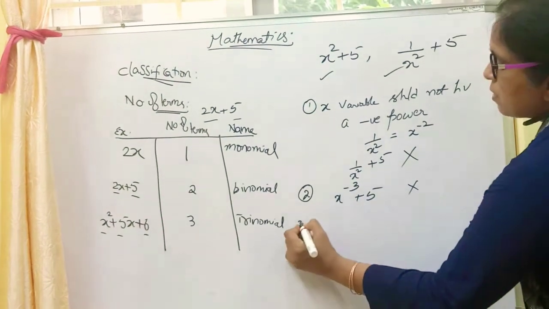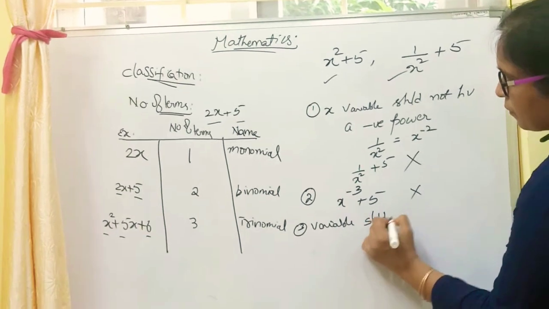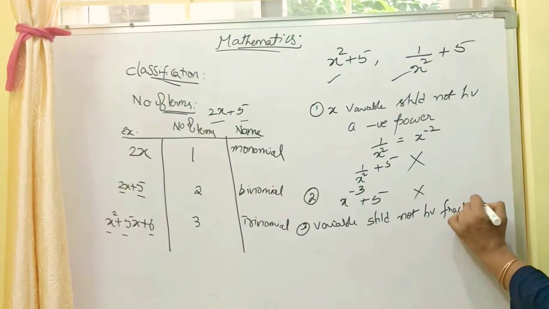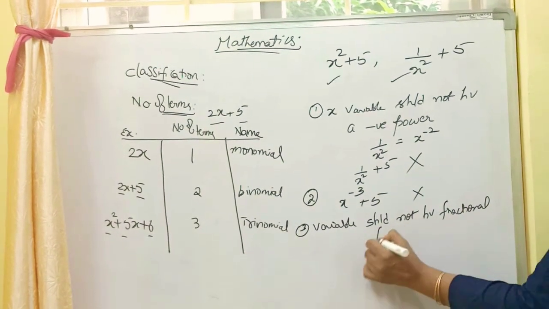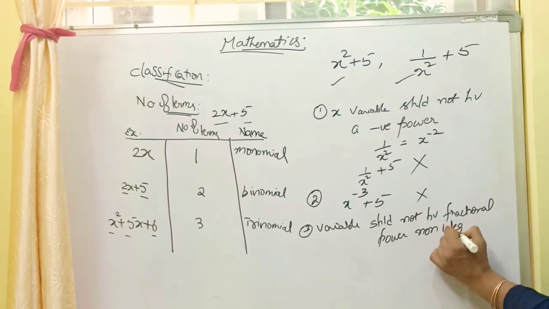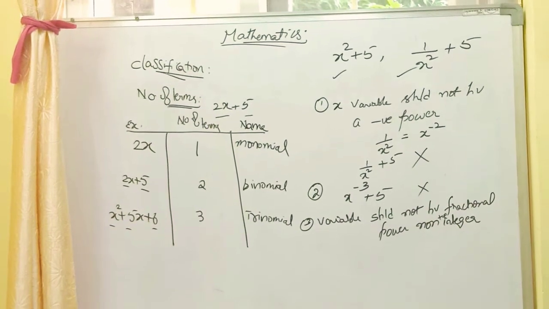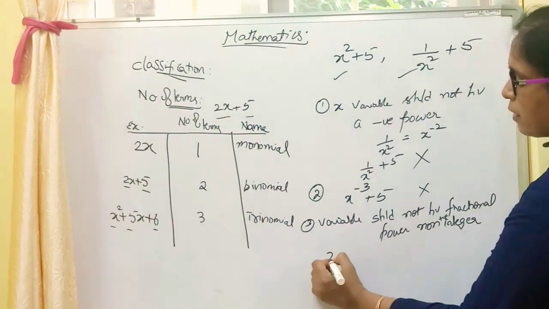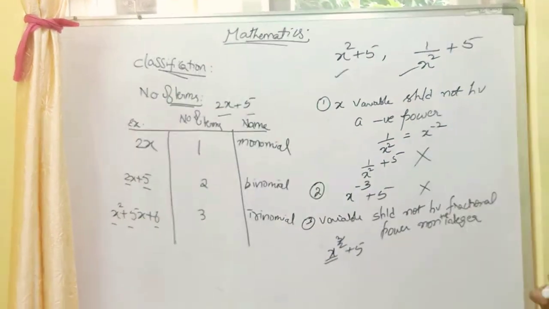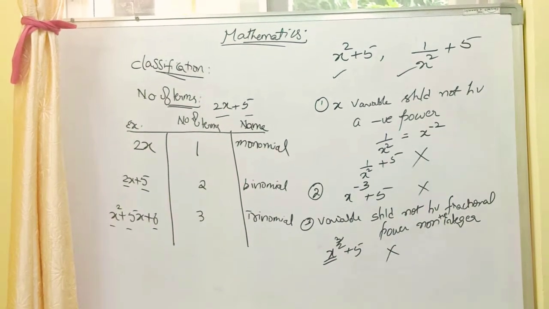Next, a variable should not have a fractional power or non-positive integer power, for example x to the power of 3 by 2 plus 5. Here what is the power of x? 3 by 2. It is not a positive integer, therefore it is also not a polynomial.